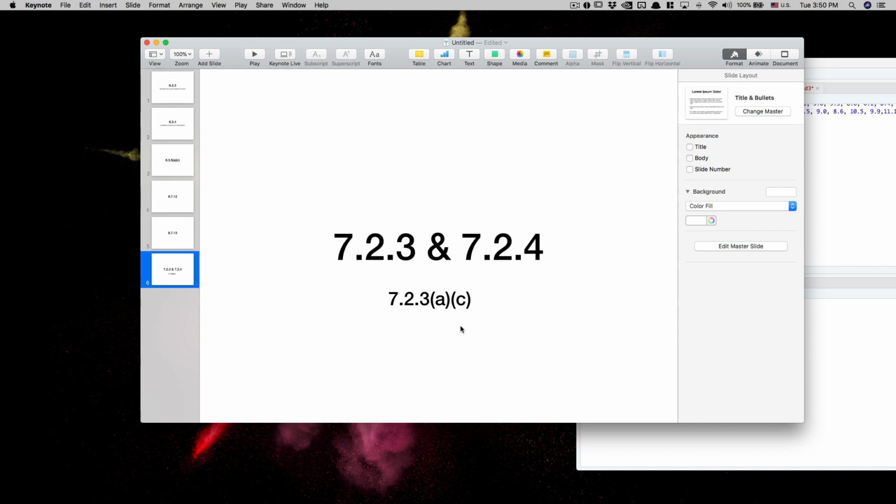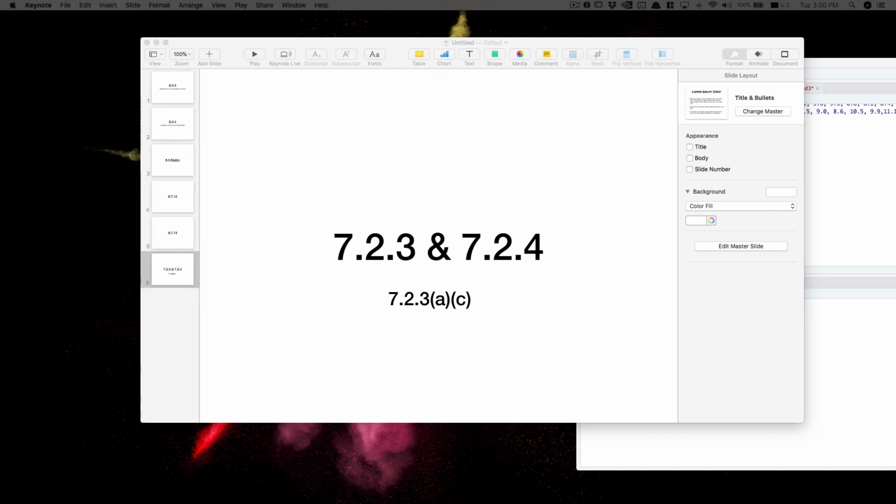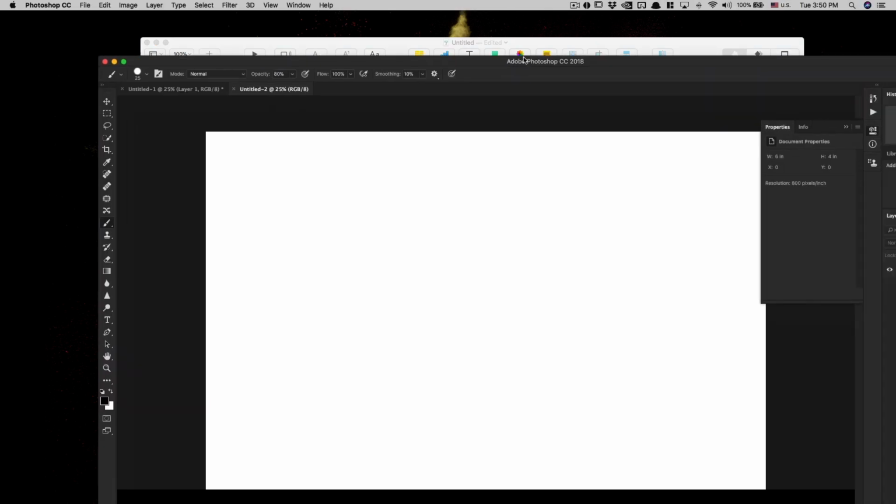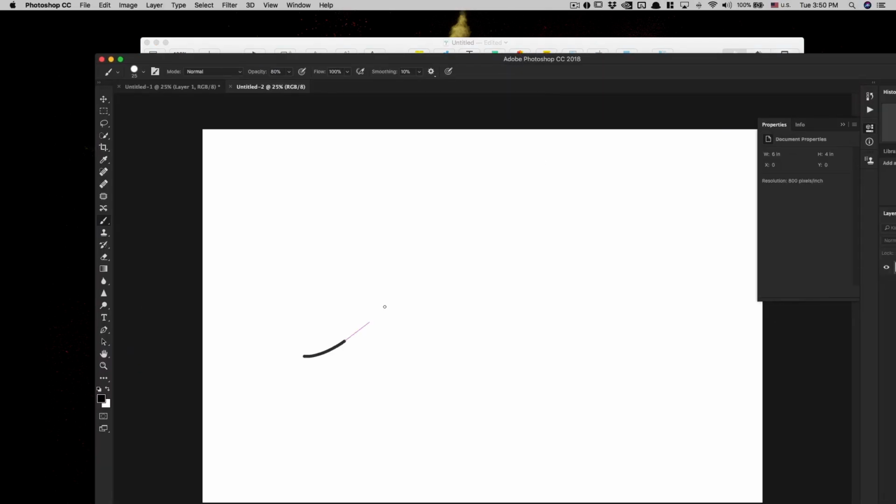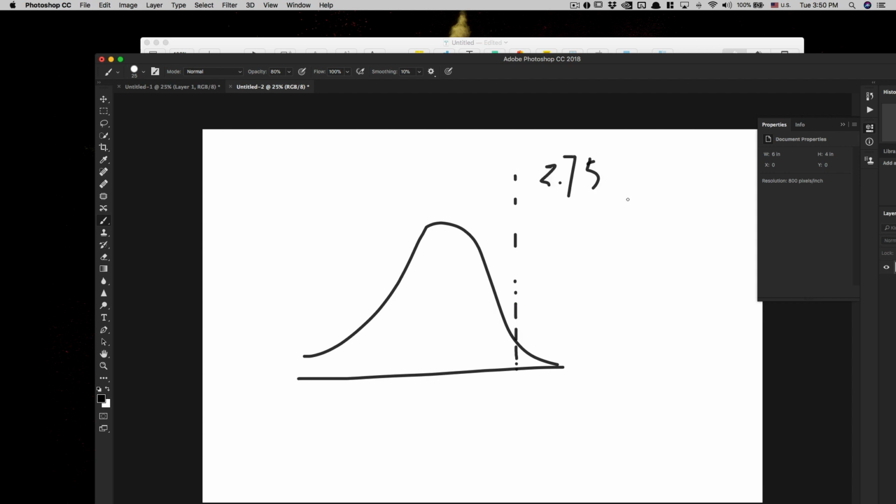And part C is about finding the p-value based on the t-statistic. This is the idea of how to do it. So for instance, if we observe 3.75 in this case for a t-distribution, by definition, the p-value is the probability of finding something that is even more extreme. So that means you have to find the probability of this shaded area.